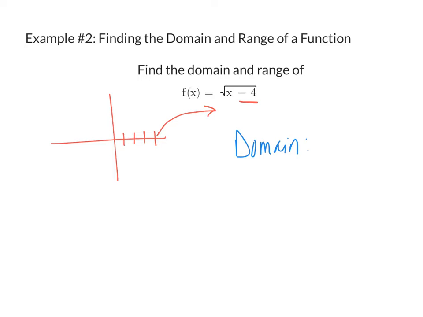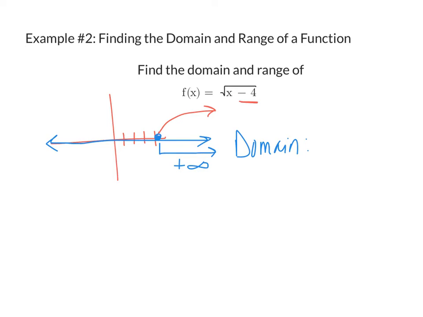remember, domain measures how far left and right a function goes, right? Well, for us, where does it start? It looks like it's going to start at 4, and then it's going to continue on forever into positive infinity, right?